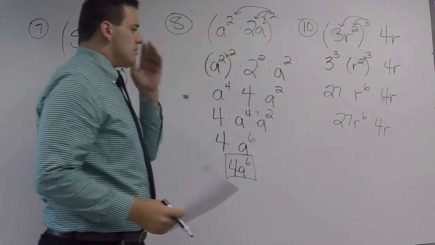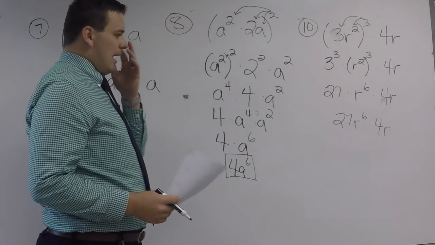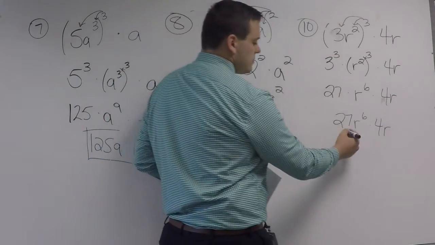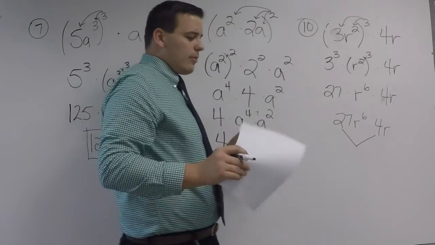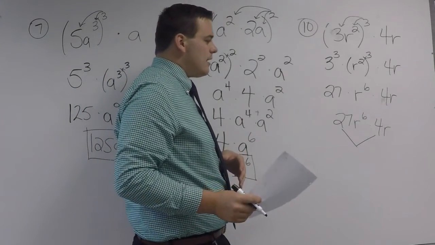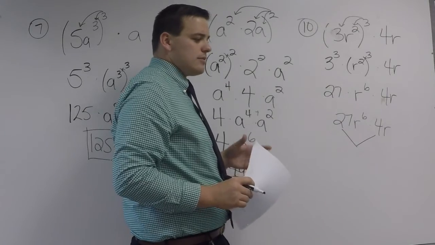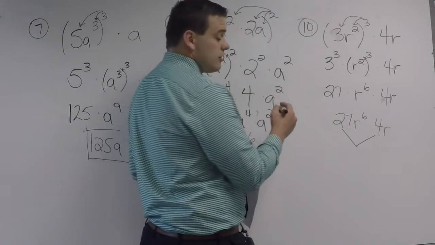Okay? So from here, I now have two coefficients, so I need to multiply these coefficients. 27 times 4. Now you can break it apart and say 20 times 4 is 80, and 7 times 4 is 28, so the answer is 108.